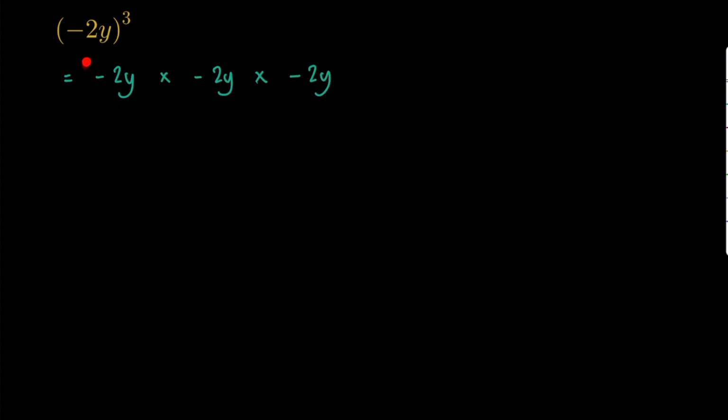We know that negative 2y means negative 2 times y, so we can once again rewrite negative 2y as negative 2 times y and repeat that for the next two terms. So it becomes negative 2 times y times negative 2 times y times negative 2 times y.